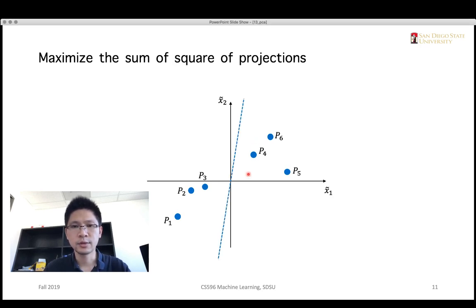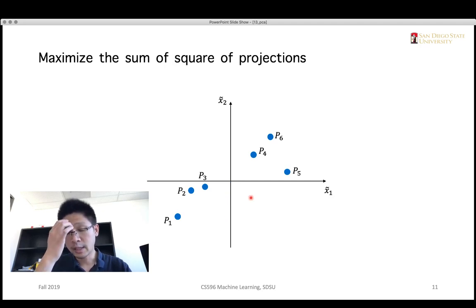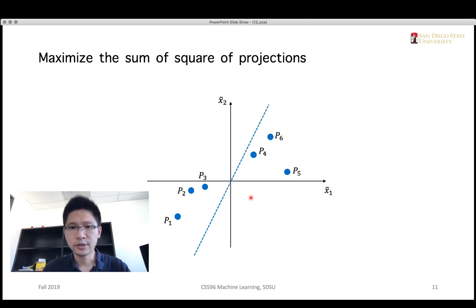We can choose the one that we have chosen before, or we can rotate this dimension a little bit by using an alternative one like this, or we can further rotate it. Anyway, the goal is to choose a dimension that maximizes the total sum of squares.